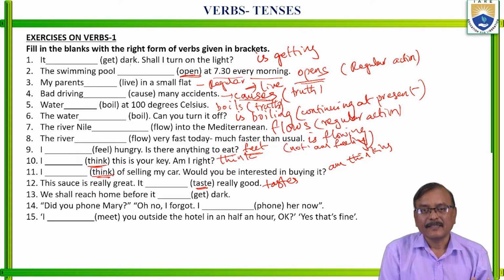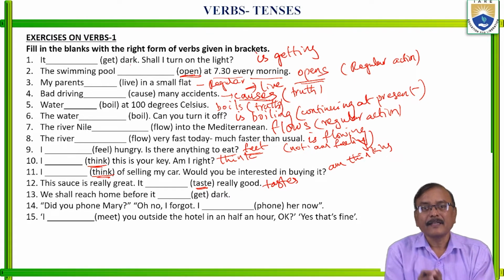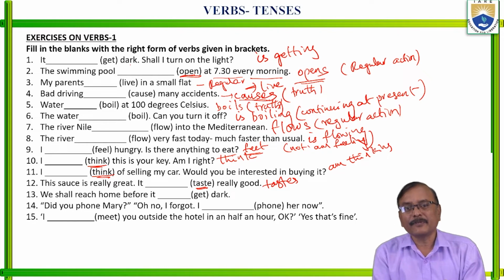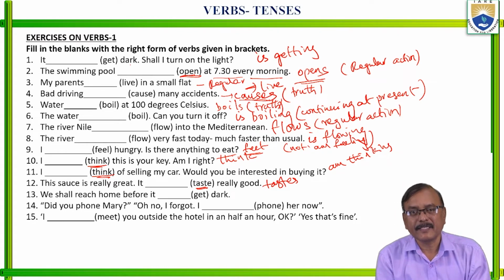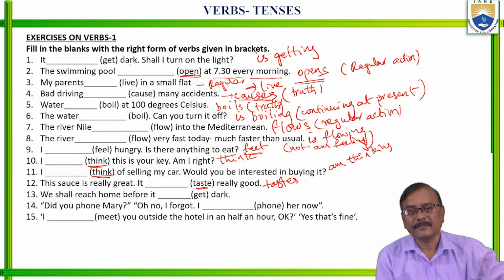Is it clear? Such verbs are called non-progressive verbs or stative verbs. Don't use them in continuous tenses if there is no progress of the action observed.